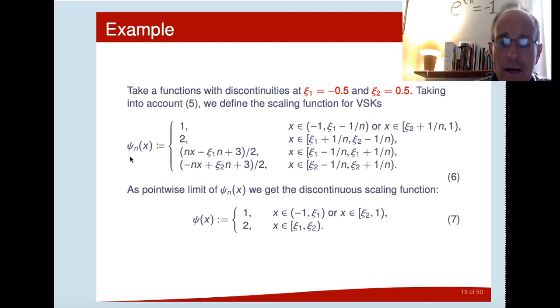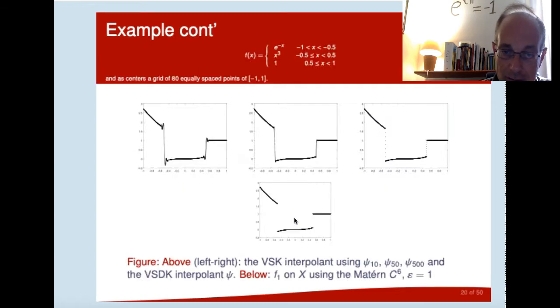So we can define our series of functions converging to the scaling function, which is 1 on the left of C1 and 1 on the right of C2, and in between the value of the scaling function is 2. This is a discontinuous function, as you see, but using the limit process you can make it continuous.